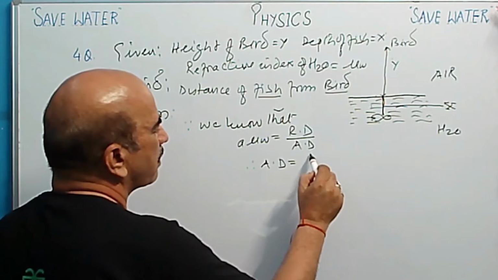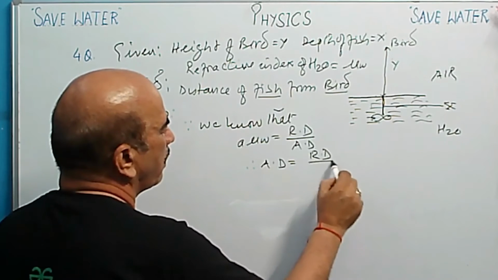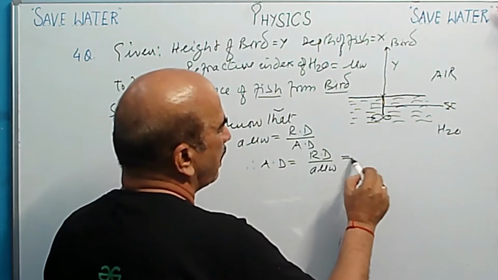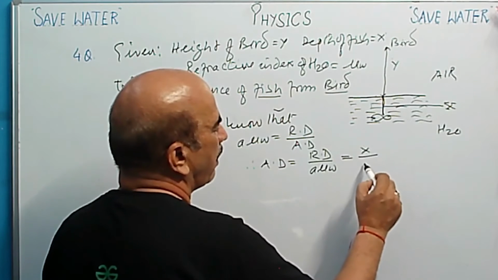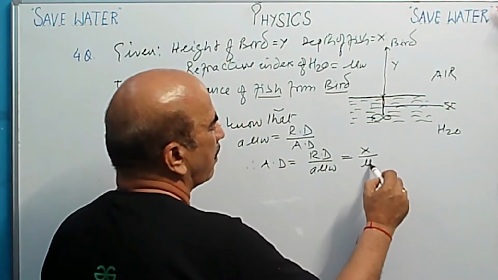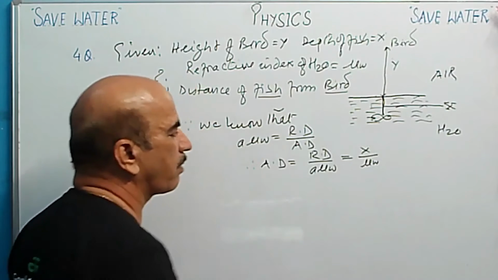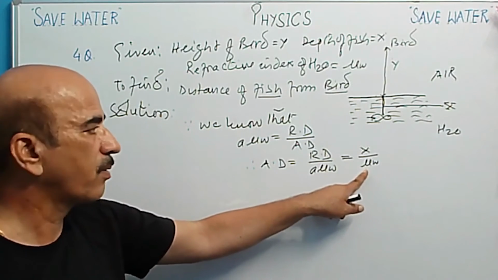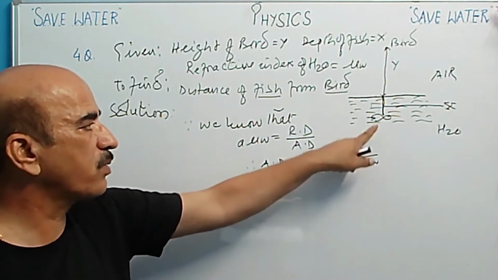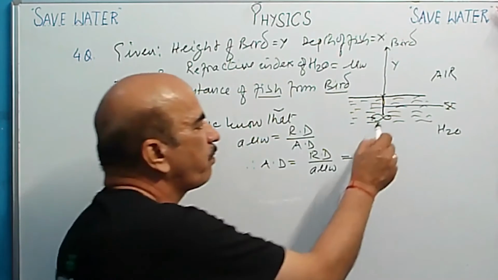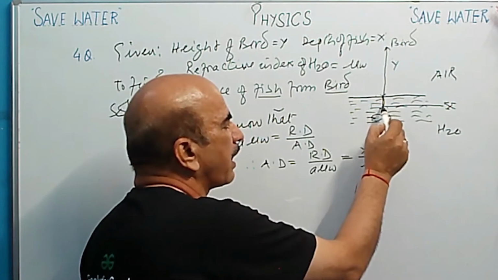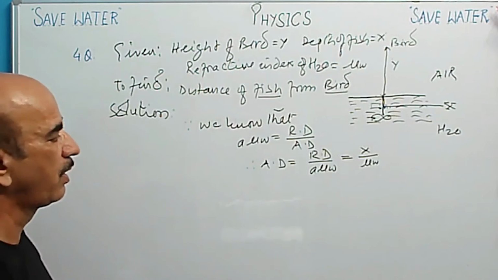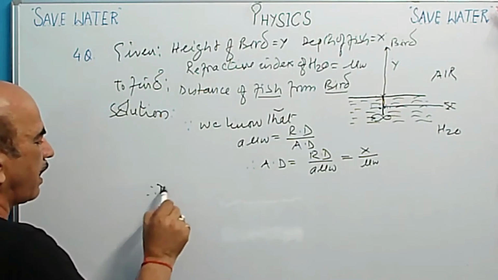Here real depth is x, and refractive index is mu w. So this is the apparent depth of the fish here. Okay, since the refractive index is greater than one, it will be less. So the fish will appear to the bird here, or this position, above the actual position. So therefore, what will we write?